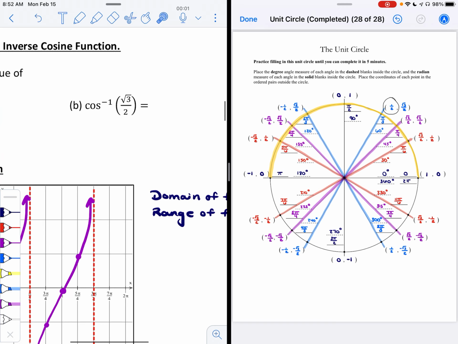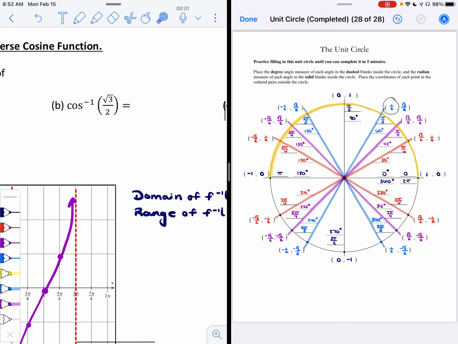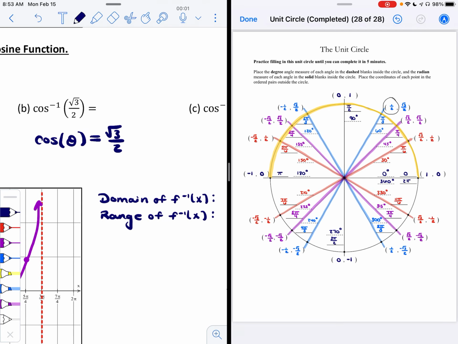All right, let's look at the second one. Inverse cosine of √3/2. So again, this is asking us the cosine of what angle is equal to √3/2. So we're trying to find the correct angle between 0 and pi that answers this question.